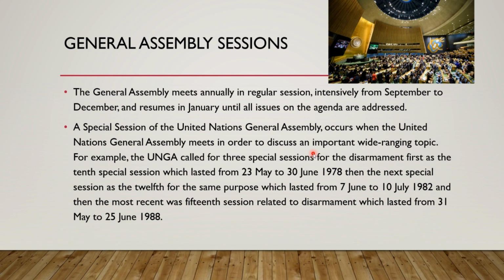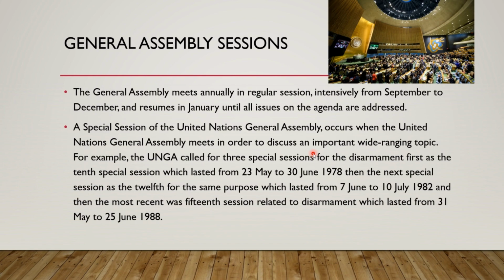Then the next special session, the 12th, for the same purpose, lasted from 7th June to 10th July 1982. And the most recent was the 15th session related to disarmament, which lasted from 31st May to 25th June 1988. After 1988, there were many special sessions, but none of them were related to disarmament.